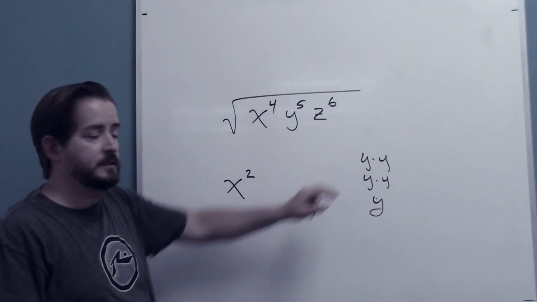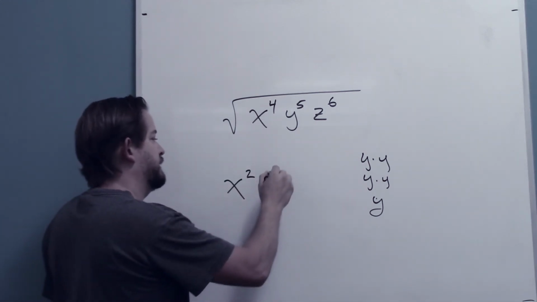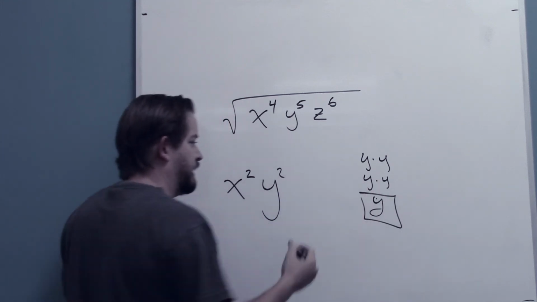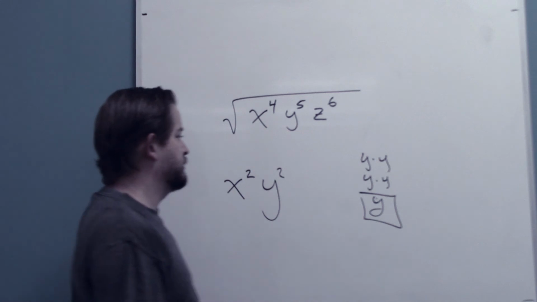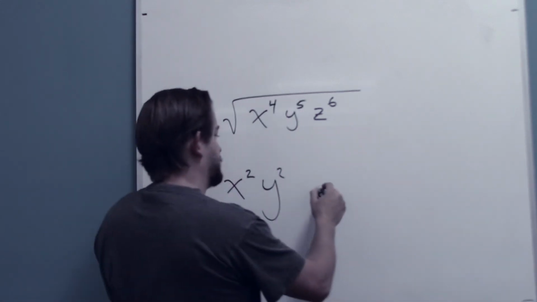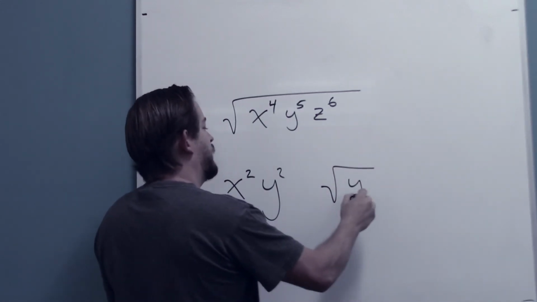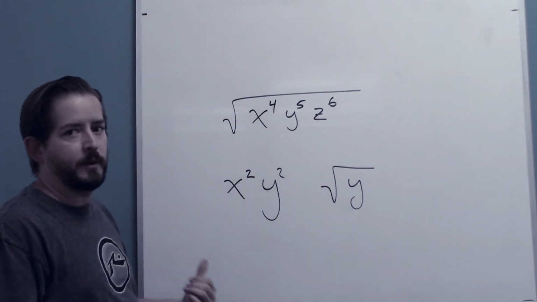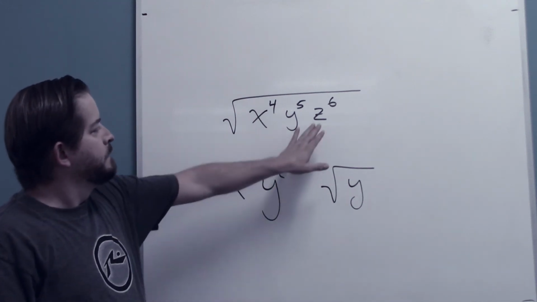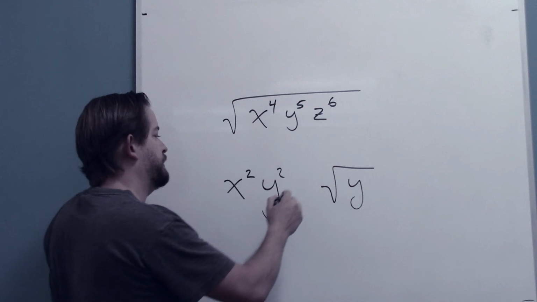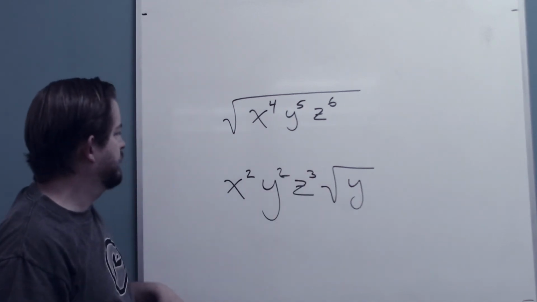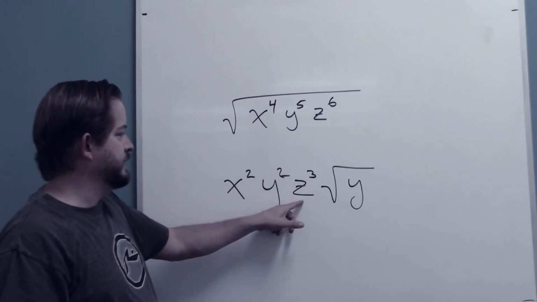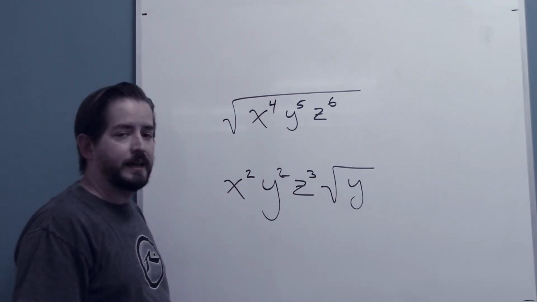I have 2 pairs that come out, but this last one, this oddball, has to stay under the square root. It can't come out. And so when I'm done writing this, I am going to still have a square root and a y that's stuck in there that can't come out. I can't simplify. With my z's though, I can see I have 3 pairs of z's. And so I have x squared, y squared, z to the 3rd, and a square root of y that's left over.